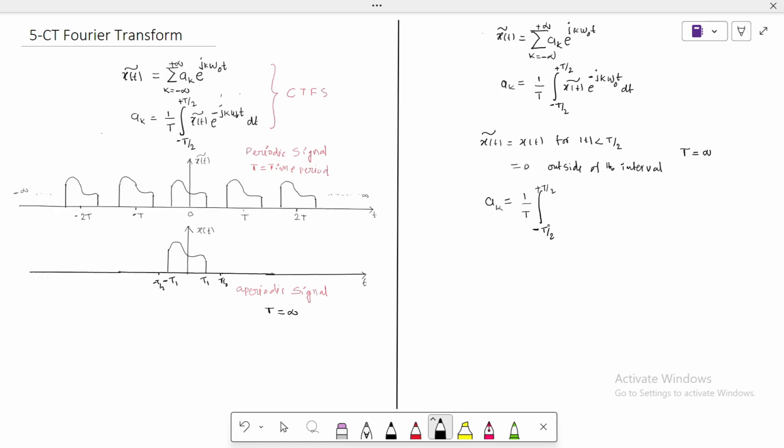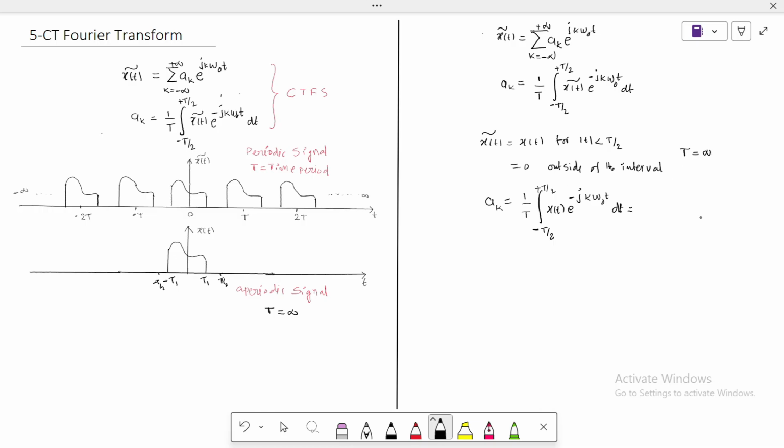Within this period interval, this periodic signal x of t becomes x of t only. So x of t into e power minus jk omega naught t dt.